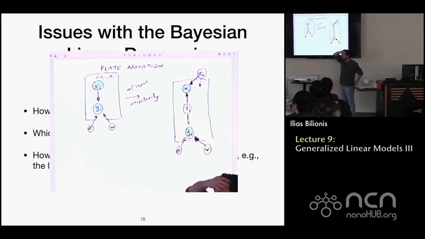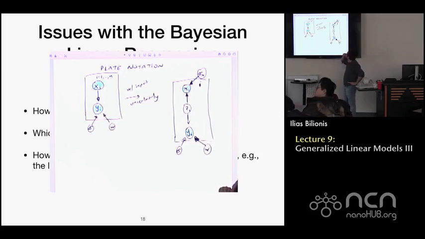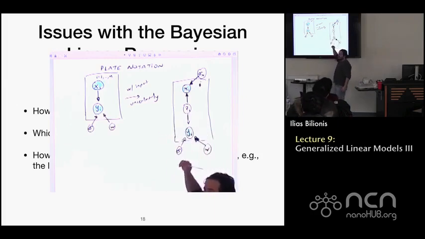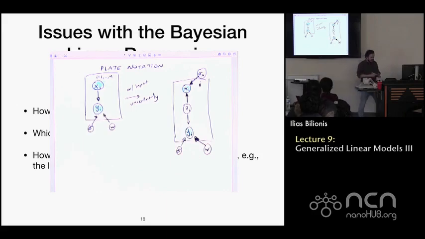Yes? In that model, if we write an arrow from xi to yi, would it be wrong? The question is, what if I had an arrow that went directly from x to y?